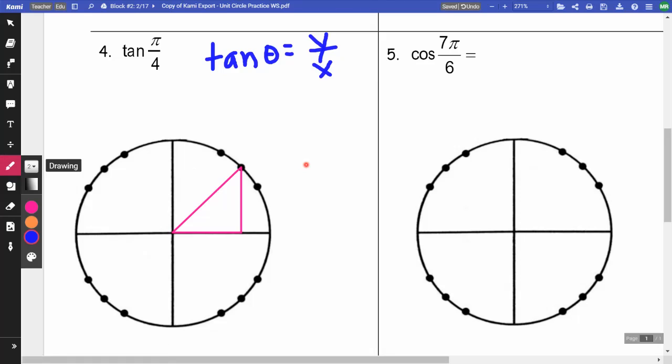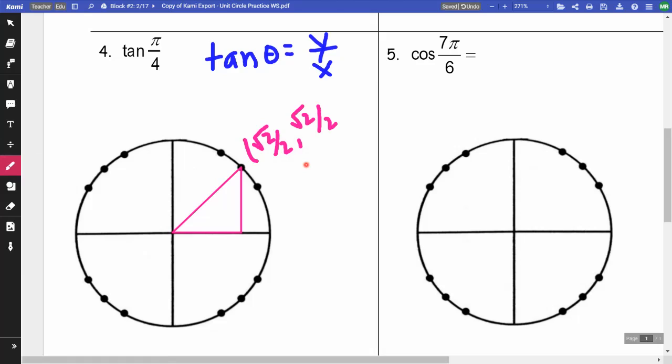Okay. And this is my √2/2, comma, √2/2. And I want tangent, which is your y over x. So I'm going to take this y, which is √2/2, over this x, which is √2/2. So I am going to get √2/2, which is my y, over √2/2, which is my x.